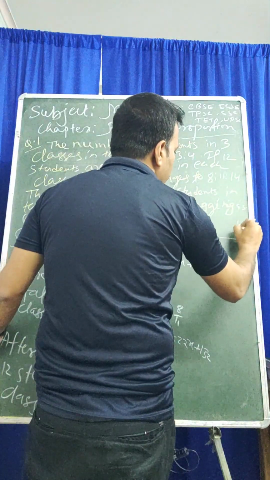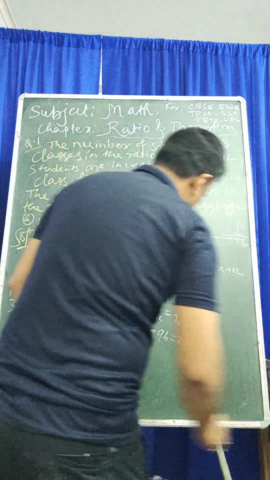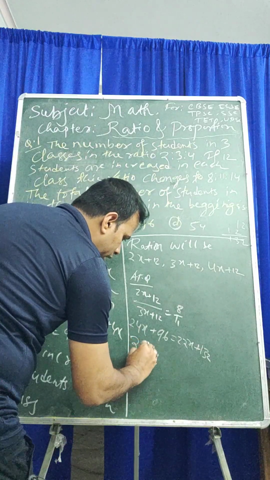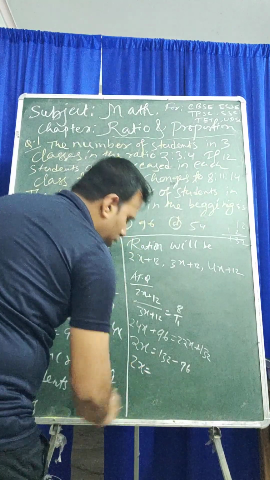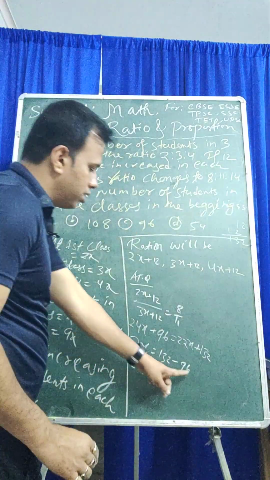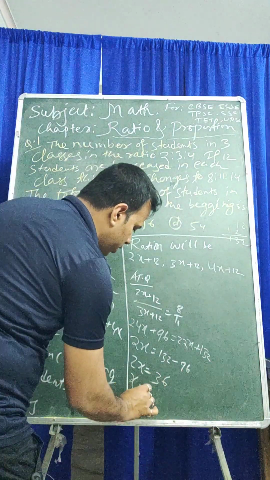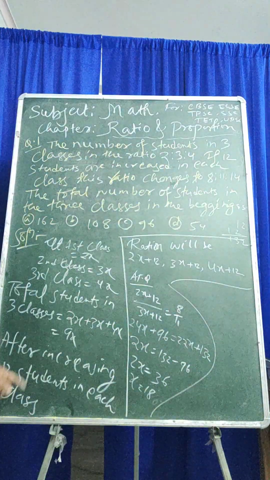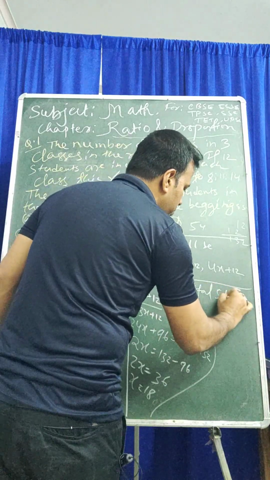Now if I simplify this, it will be 6x is equal to 132 minus 96, so 6x is equal to 36, and x will be 6. Now the total number of students is 9x, so the total students at the beginning.